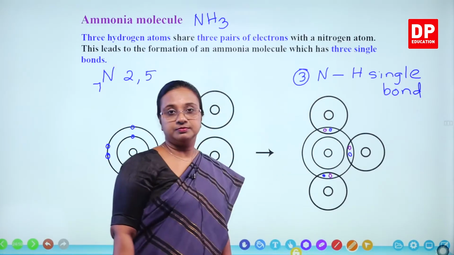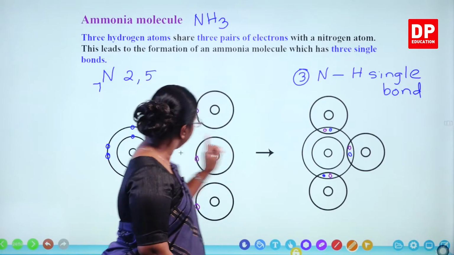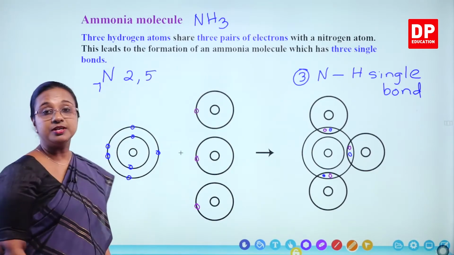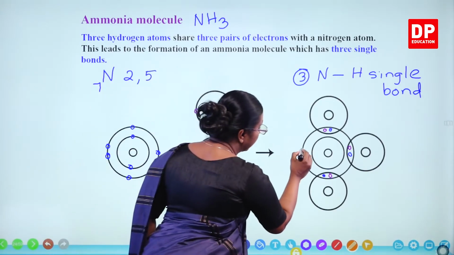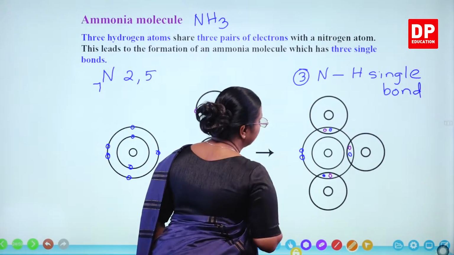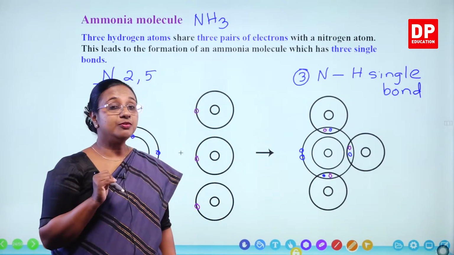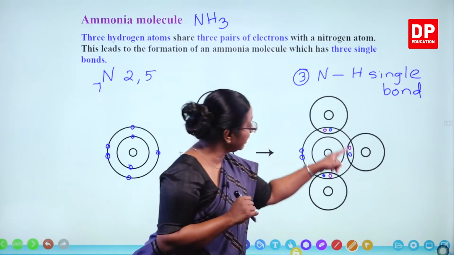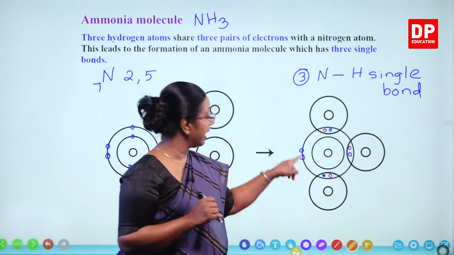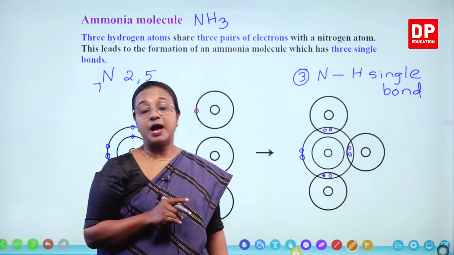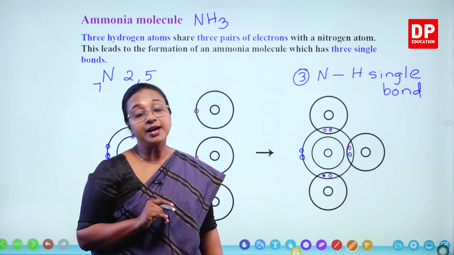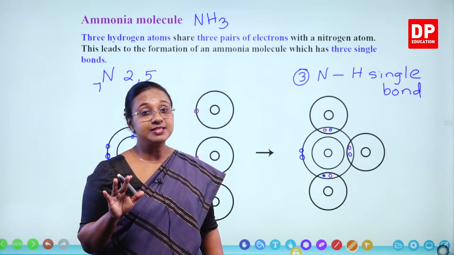Is that all? There are 2 more electrons on nitrogen. So those electrons will be here. So what do you know now? There are 3 bond pair electrons and there is 1 lone pair, non-bonding lone pair electron. Can you understand that?